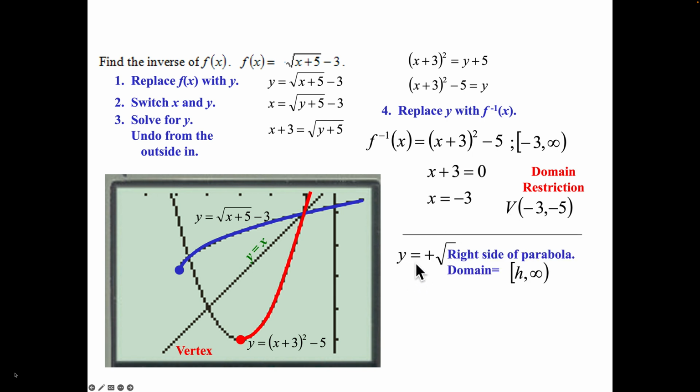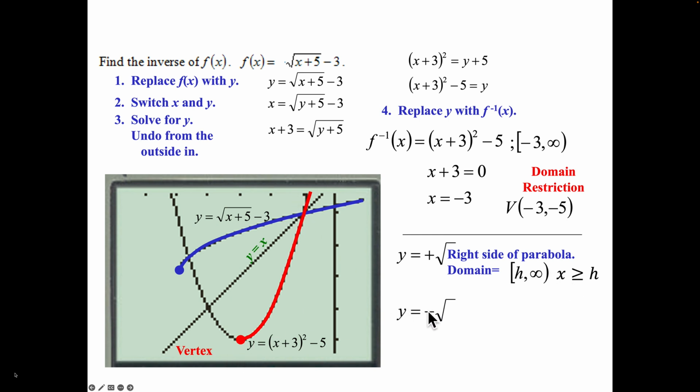If you're given y equals a positive square root, you want the right side of the parabola. Your domain will be h comma infinity. I like using inequalities because it says x greater than or equal to h, which is the x coordinate of your vertex. I want to go to the right of that x coordinate, right side of the parabola.